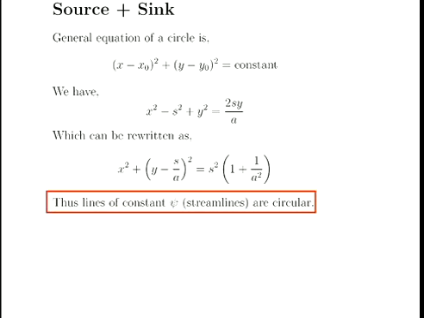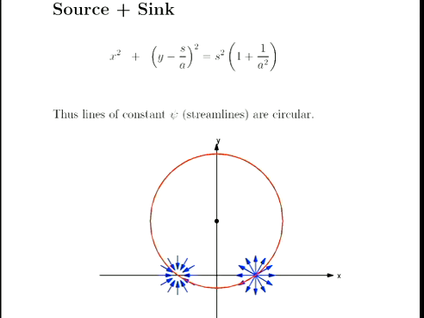So you've either got to remember circle theorem, or you can prove, actually, I've made a meal of this, you can prove quite simply that those streamlines associated with a source and a sink are circular. So if you have a source and a sink, those streamlines are going to be circles.